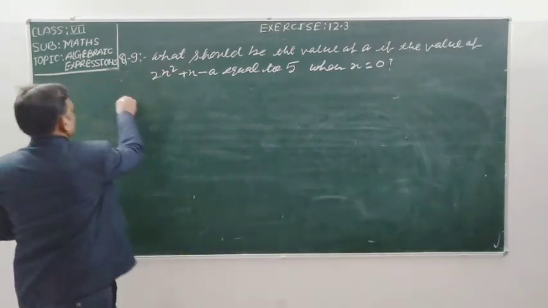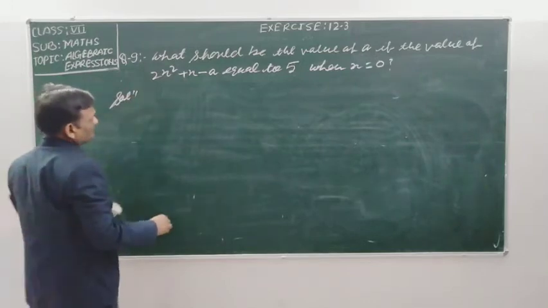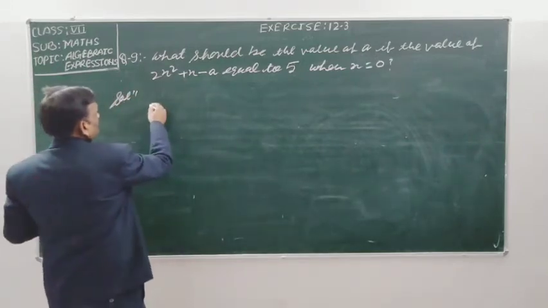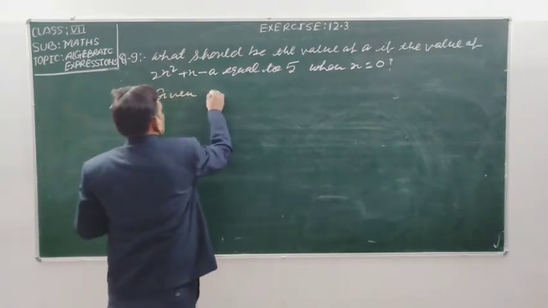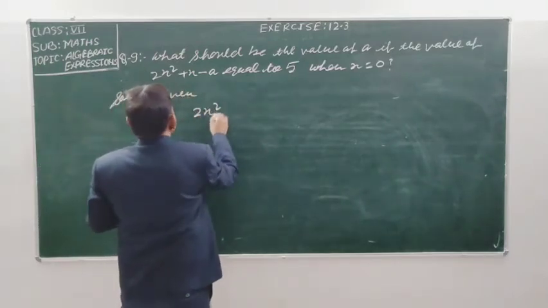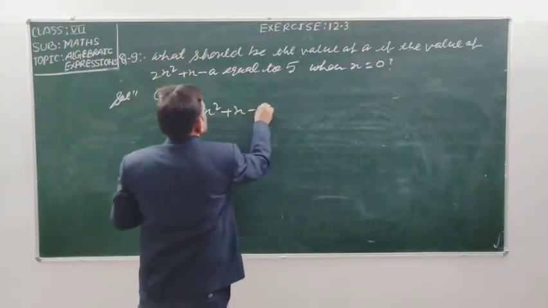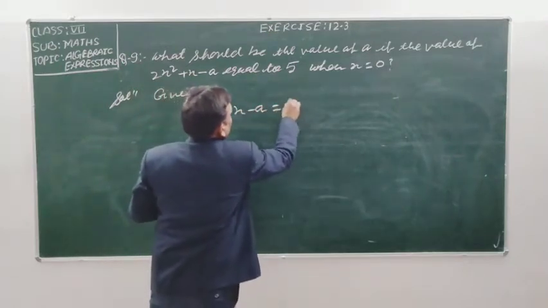So student, I am going to solve this question. See it. Given 2x square plus x minus a is equal to 5.